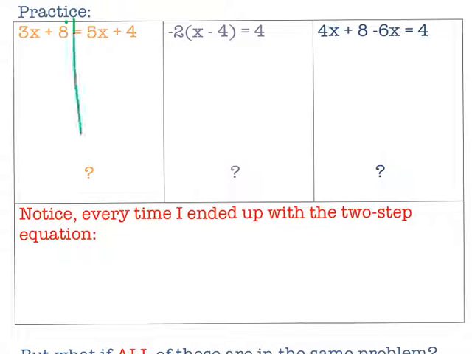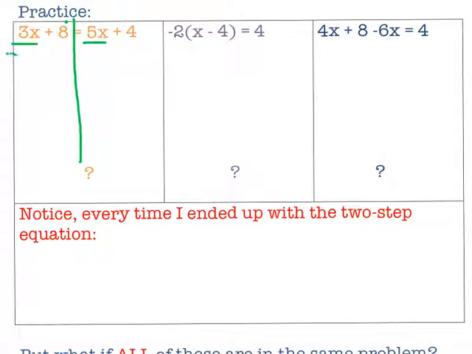So I'm going to draw my line down the middle. I think it's easier to subtract the 3x from each side. Now I could pick 5x. I can subtract either one. It doesn't matter. But if I take away 5 from 3, I have to deal with negative numbers, and I don't want to do that unless I have to. It's easier to not deal with negative numbers.